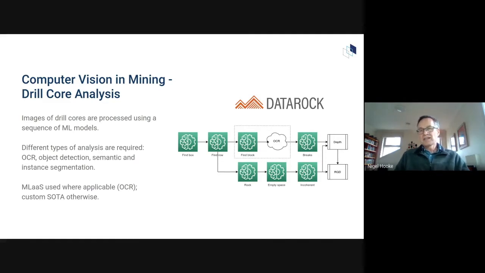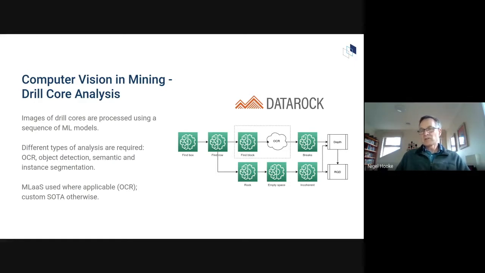You can see here in stylized form the processing pipeline that the images go through as they're processed. There's a number of steps where you take that first photograph, you identify where the pieces of rock are in the photograph, and whether the box is even presented correctly rotationally, or whether we need to rotate it slightly. There's breaks between the rock.